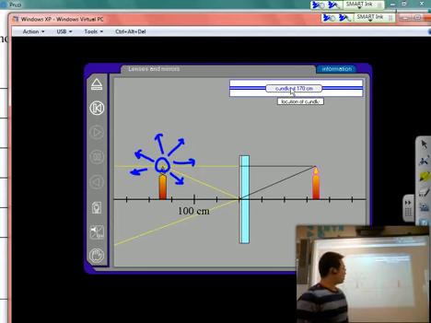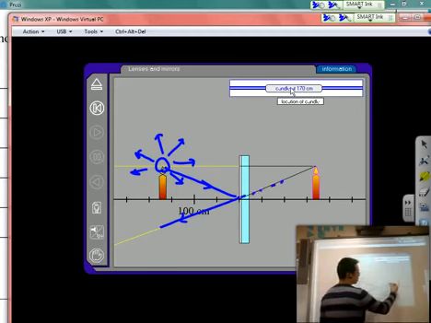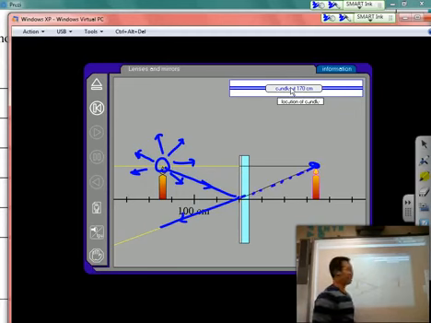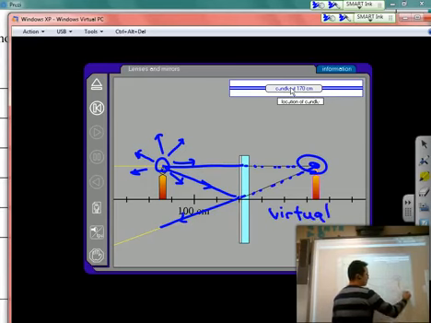Now, some of the light is going to go down, strike the mirror, and reflect back. But ultimately, when we trace it back, it still matches up to the top of the candle, as well as this line over here is also going to match with the top of the candle, meaning that you have a virtual image that is formed on the other side. And we're going to talk more about drawing lines when we get to curved mirrors.